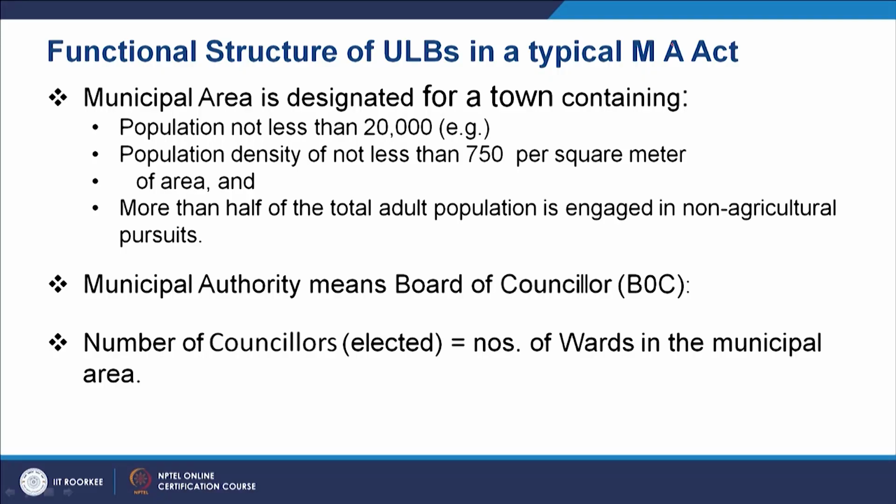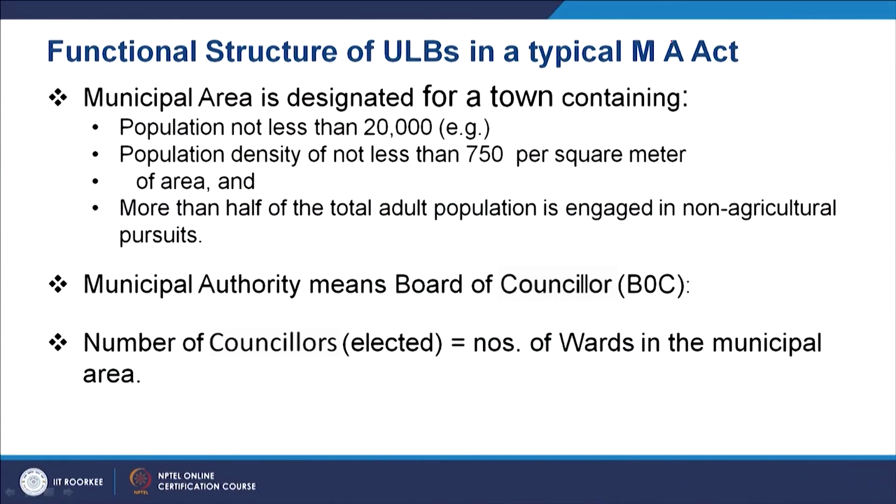Now, let us see what the functional structure of urban local bodies is in a typical municipal act or municipal corporation act. The first thing which a municipal act should mandatorily mandate is the criteria.